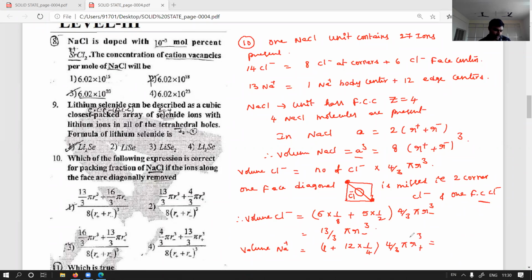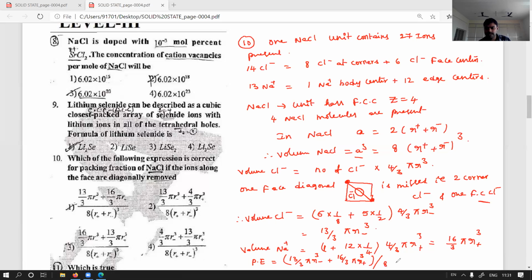On simplification we'll get 16 by 3 pi r plus cube. So with the total volume of chloride ions and Na plus ions, the packing efficiency is the volume occupied by the Na plus and Cl minus ions: 13 by 3 pi r minus whole cube plus 16 by 3 pi r plus whole cube, divided by the volume of the unit cell.